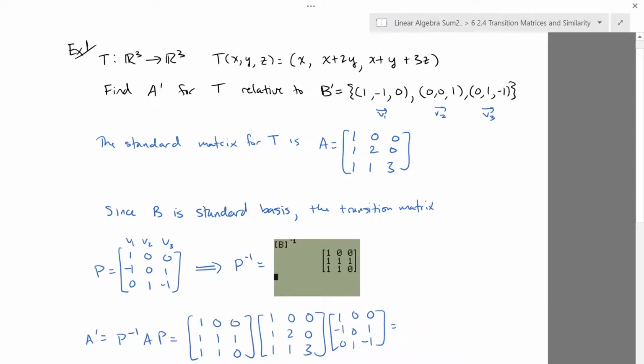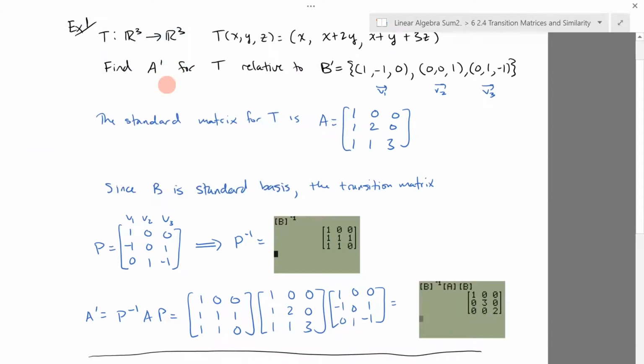Okay, so we multiply the three matrices together. But again, to save time, I've calculated it beforehand on the graphing calculator. Okay, so this is our matrix A prime. So you can verify this calculation by multiplying the matrices by hand.